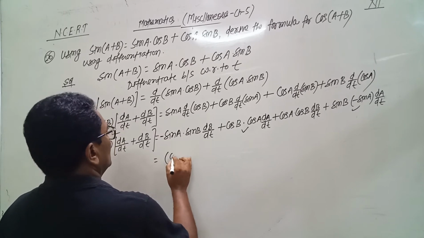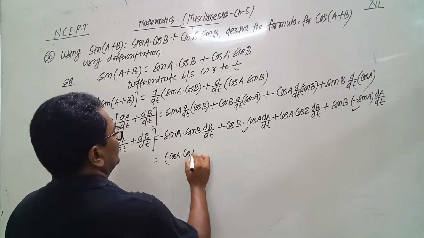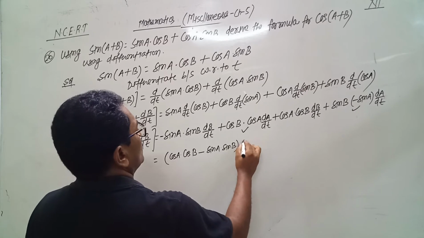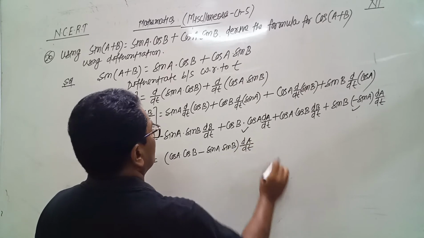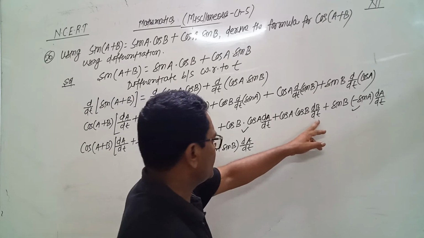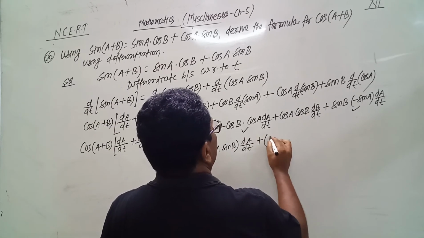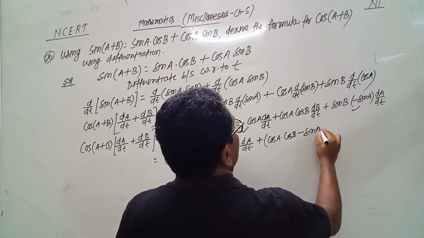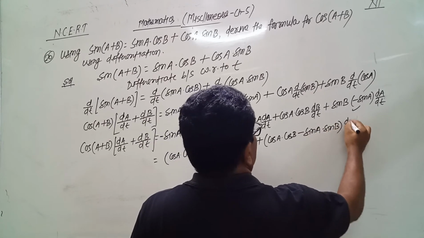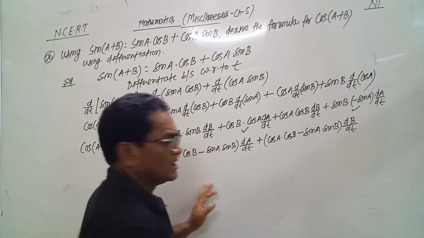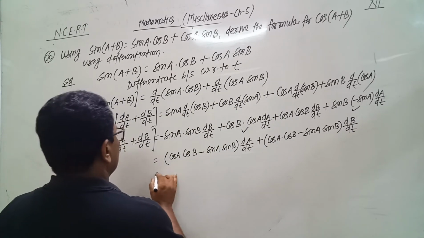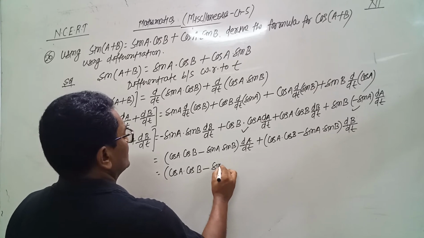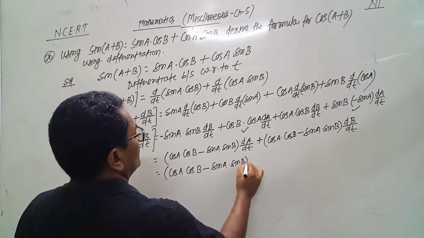So we can write cos A cos B minus sin A sin B, and common dA/dt. Then we take dB/dt as common and write cos A cos B minus sin A sin B, and dB/dt. From both the terms, cos A cos B minus sin A sin B will be taken common.